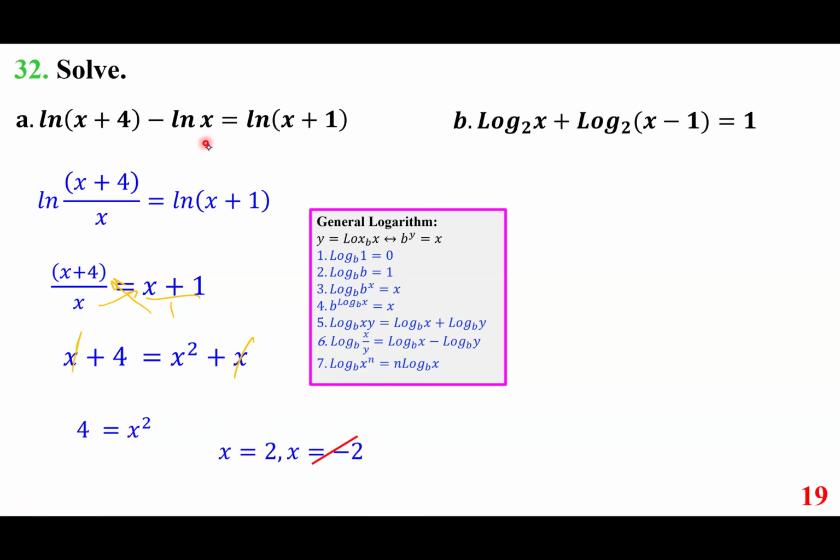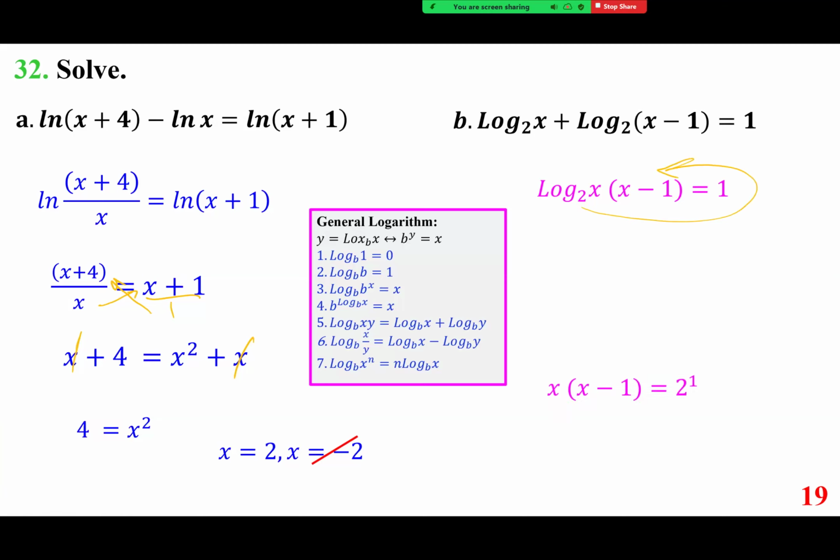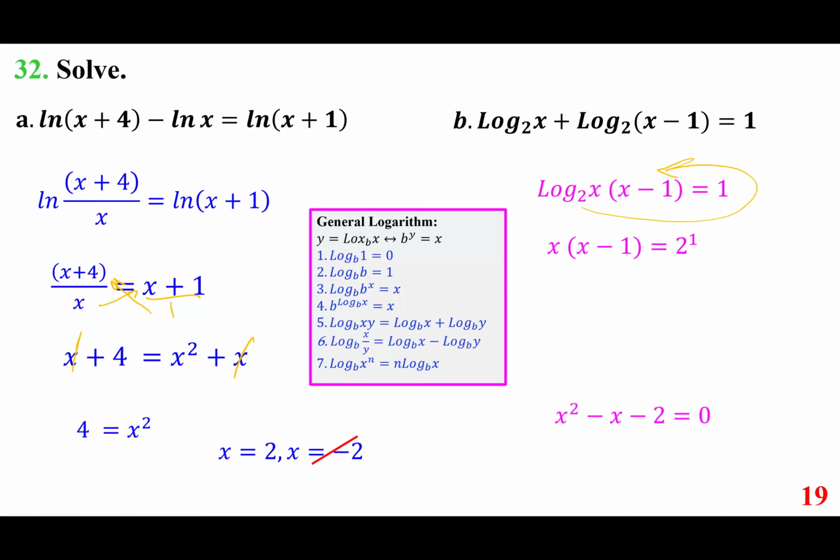To do part B, we are going to go with number 5, and we bring it into a single log, base 2 of x times x minus 1. And now we go to the definition of a log. X times x minus 1 is 2 to the power of 1. Left side is x squared minus x. Move the 2, make it x squared minus x minus 2. Simple factoring.